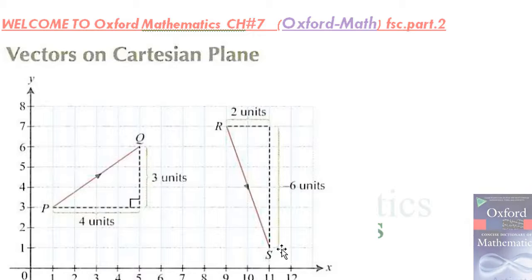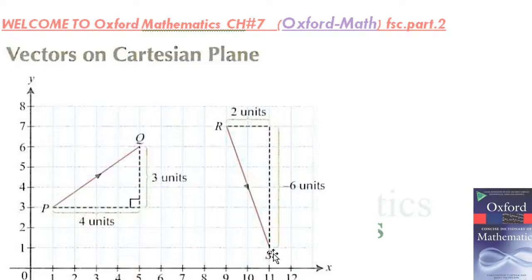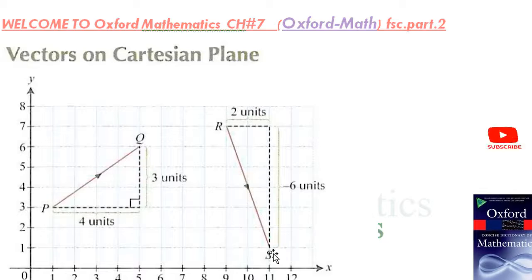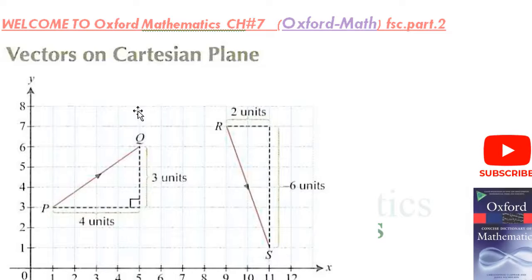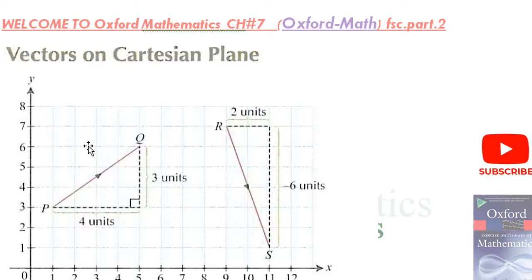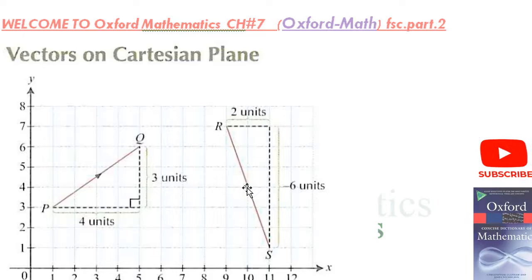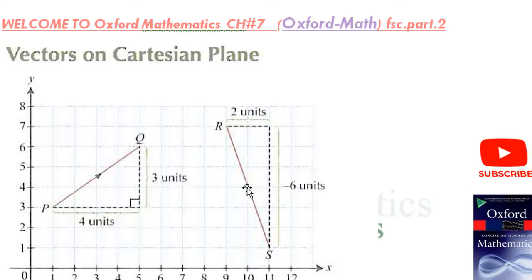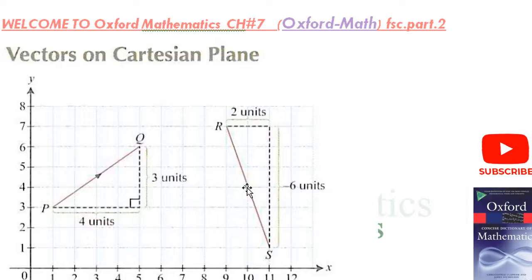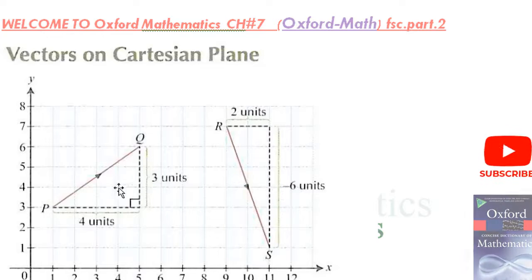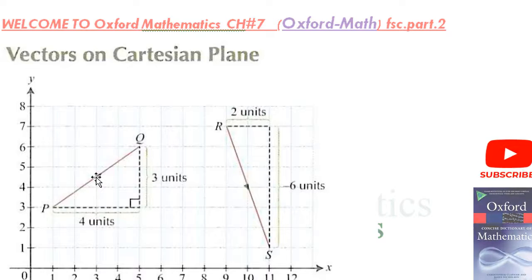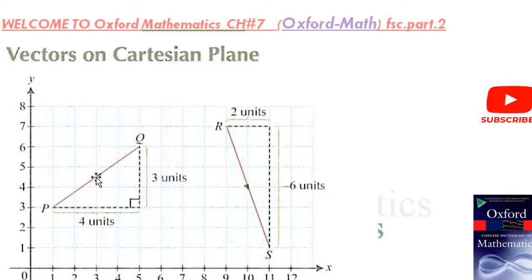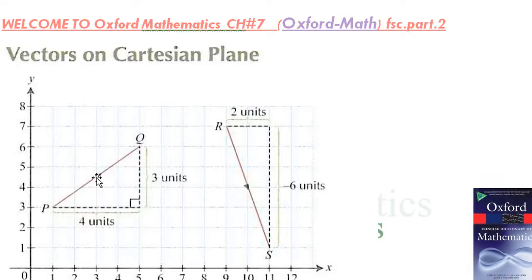Similarly, for R and S, the x component is 2 units and the y component is minus 6 units, because the arrow is downward, so the y component becomes negative. If the arrow is upward, the y component is positive.